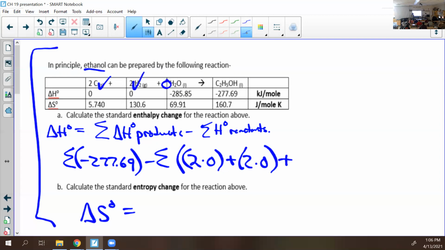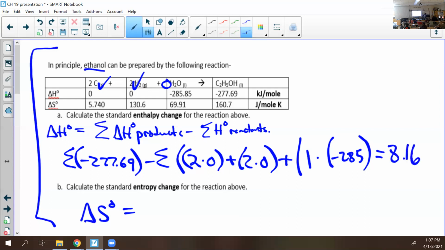No coefficient on water. I'll still say 1 just for the emphasis, times negative 285. I think I wrote it all correctly. And that equals what? 8.16. Nisha says yes. Be careful here.